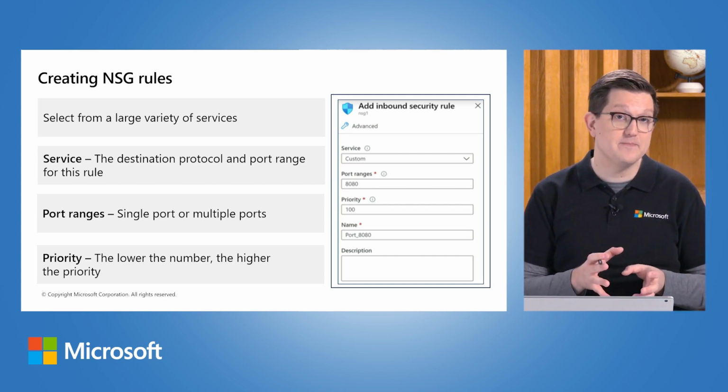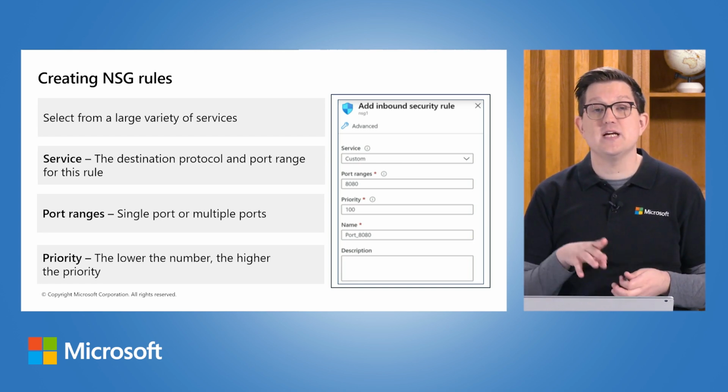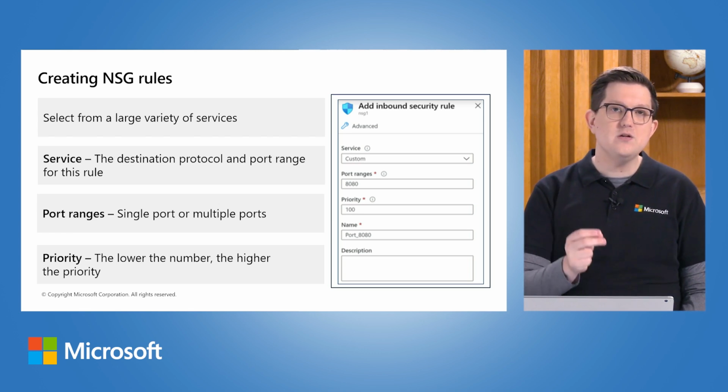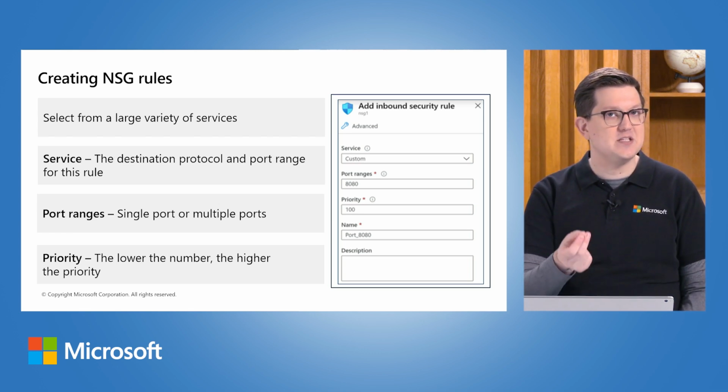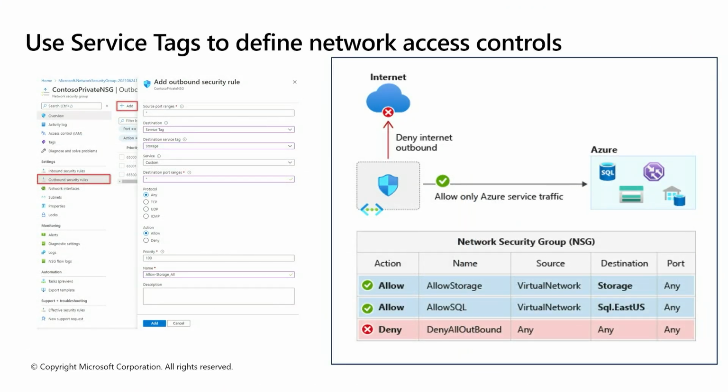Now, my general recommendation is that unless you are targeting a specific IP or range of IPs, try and utilize some of the service tags that we have available. For example, here we have a number of different service tags that are targeting specific Microsoft services.